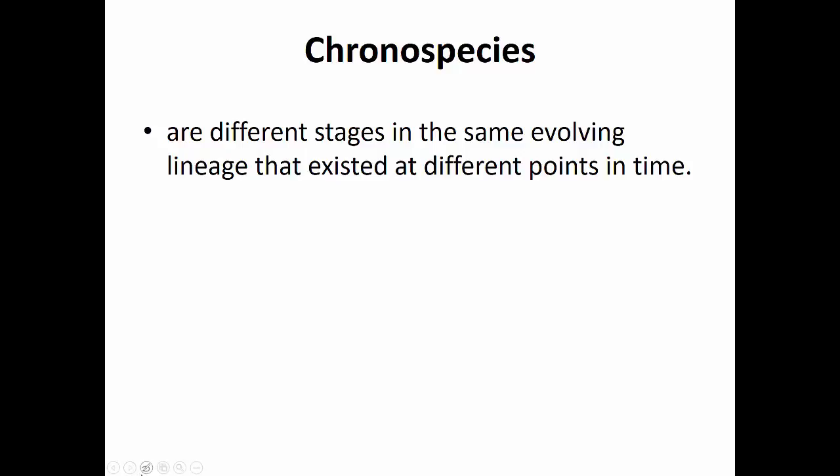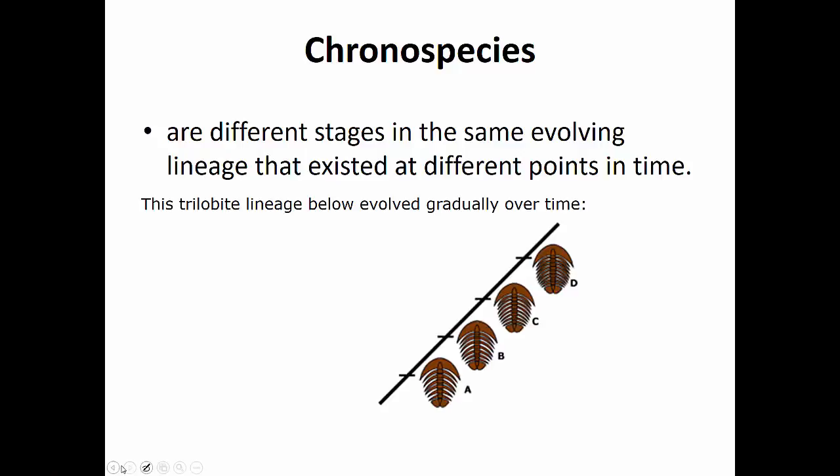Chronospecies. Chronospecies are different stages in the same evolving lineage that existed at different points in time. So, for example, these trilobites. This trilobite lineage below evolved gradually over time. This obviously presents a problem for the biological species concept.